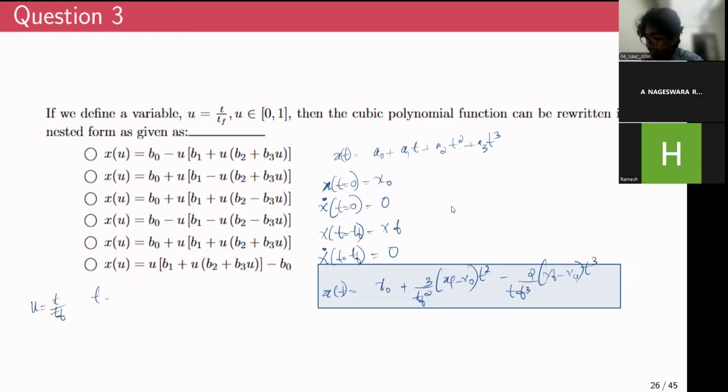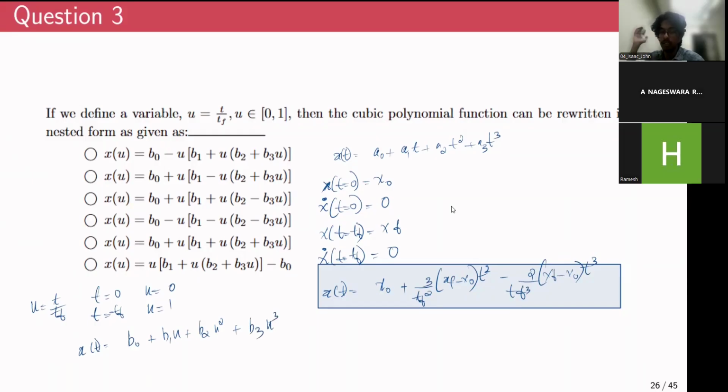At t equals 0, your u variable would be 0, and at t equals tf, u would be 1. So you are essentially normalizing your time from 0 to tf into 0 to 1. In that regard, you can write your trajectory in terms of this new time coordinate u as x of t equals, now the coefficients would be different, b0 plus b1u plus b2u square plus b3u cube.